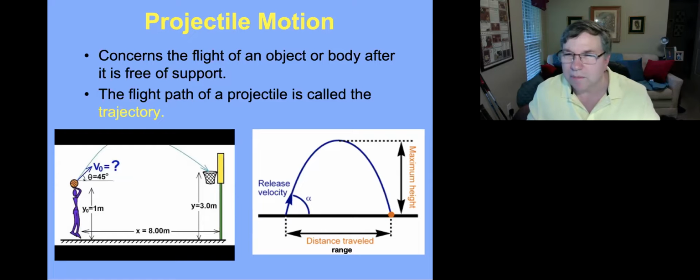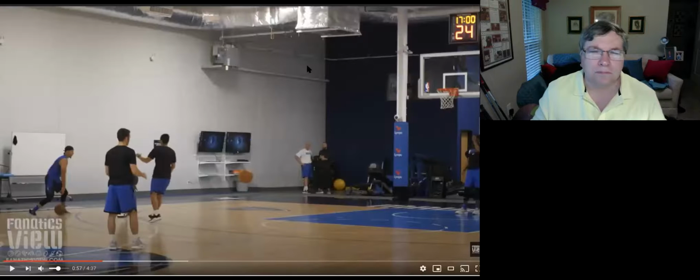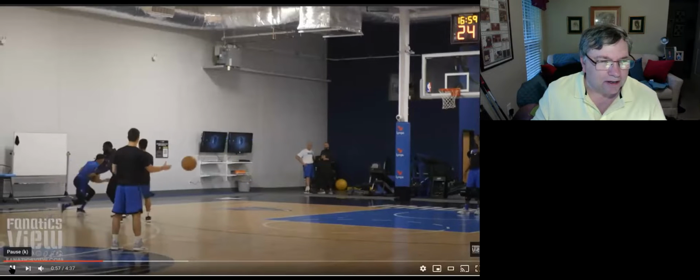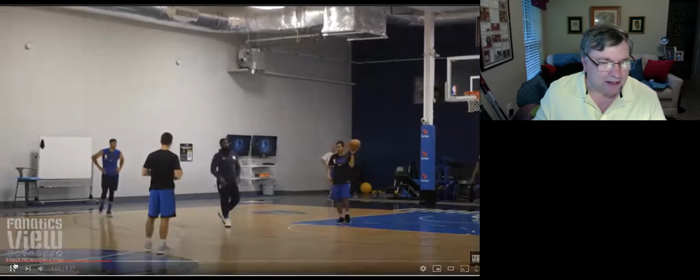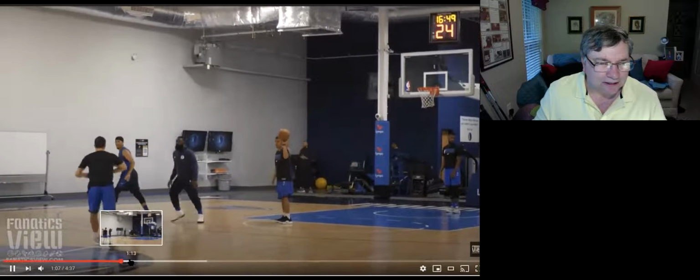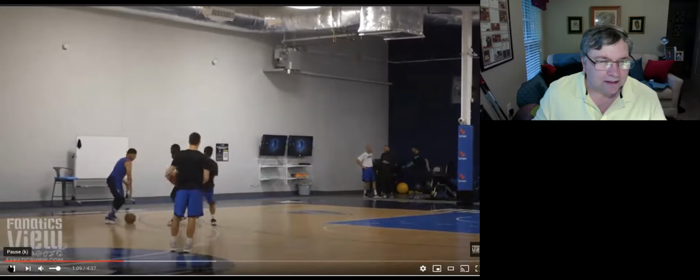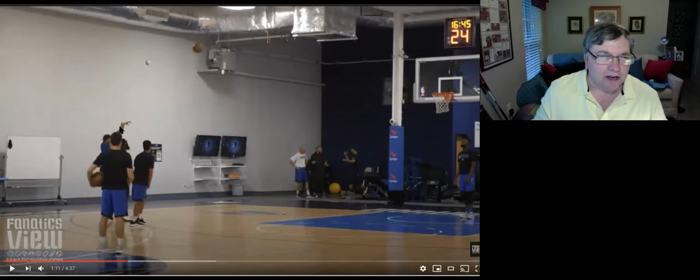Okay, I'm going to start it about right there. Hold on a second. I'm going to pause. Okay, let's take a look at a shot or two. Here's Seth Curry with the ball. I missed that one. Come on, Seth. Okay, so you can see this is a pretty steep angle here.